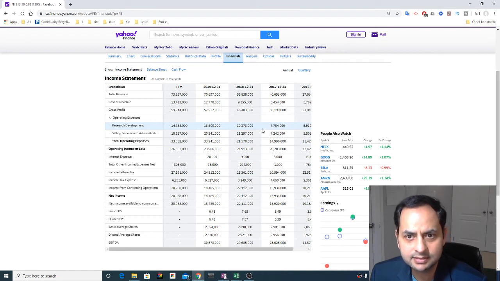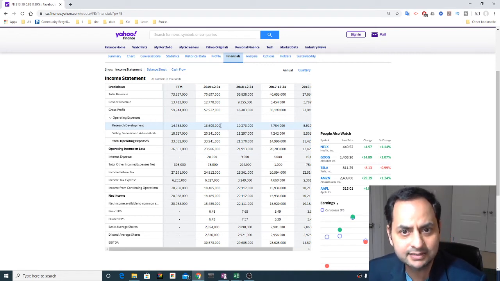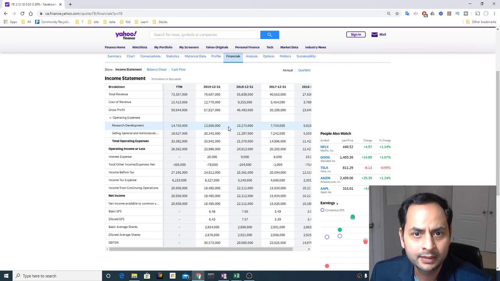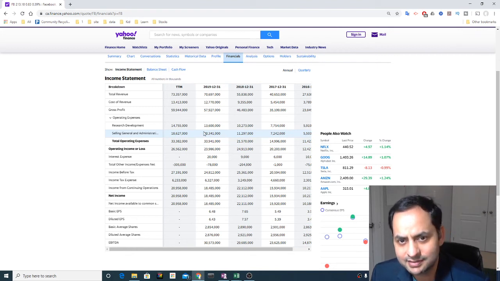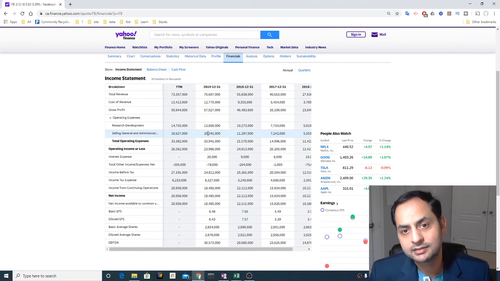Did my research expense increase dramatically? No. Did my SG&A increase? And you notice, oh yeah, it increased a lot, from 7 to 11 and 11 to 20, but then it drops. So something happened in 2019 where the selling, general and administration expenses increased.